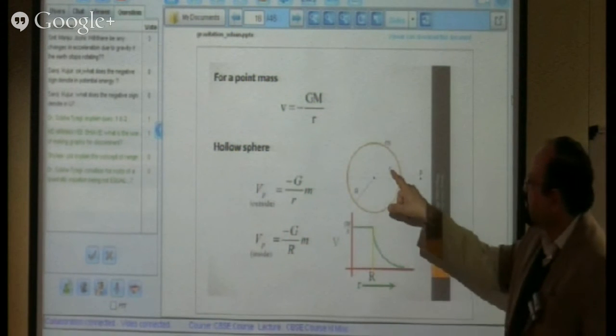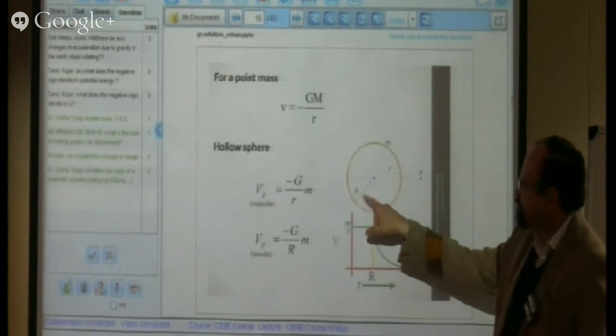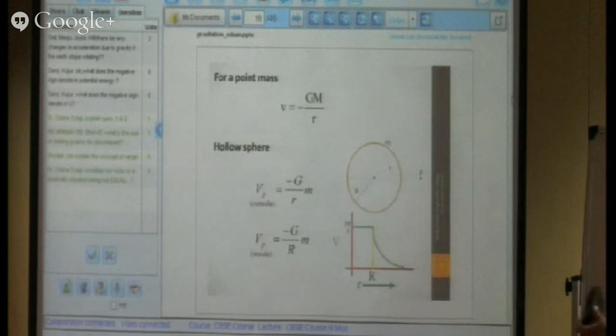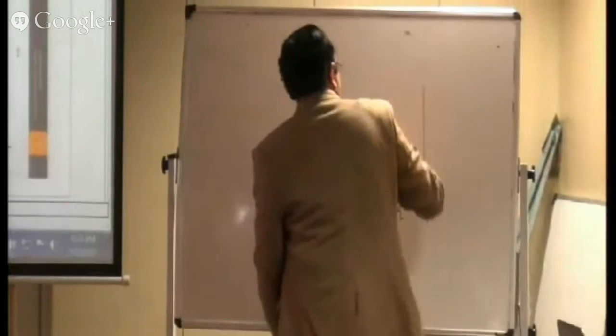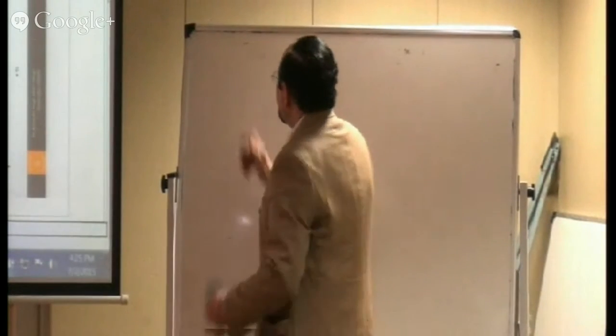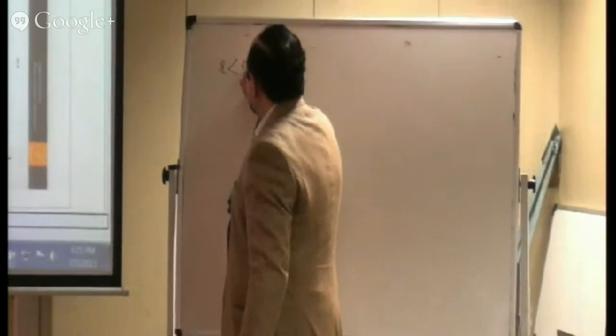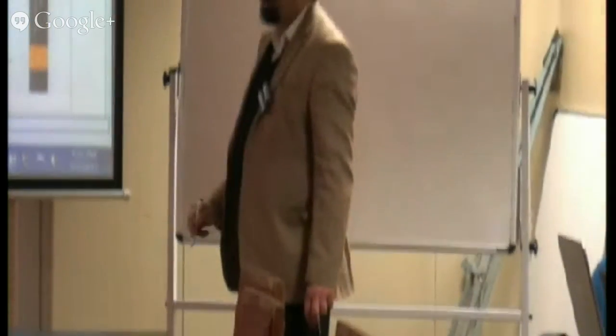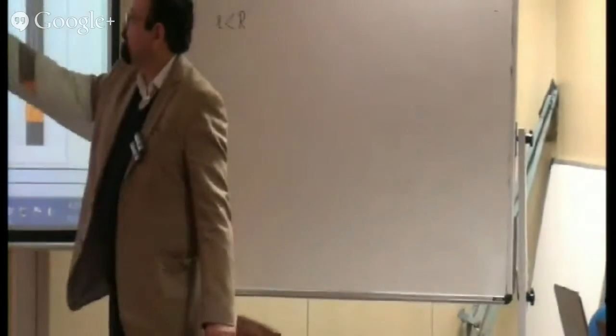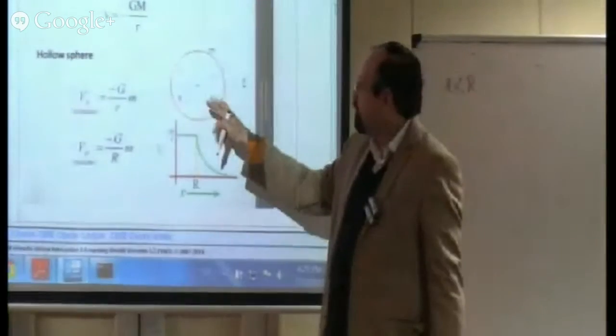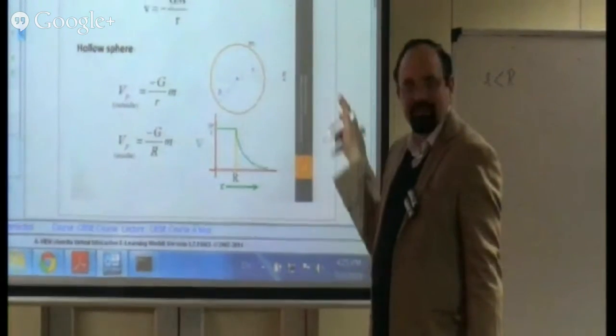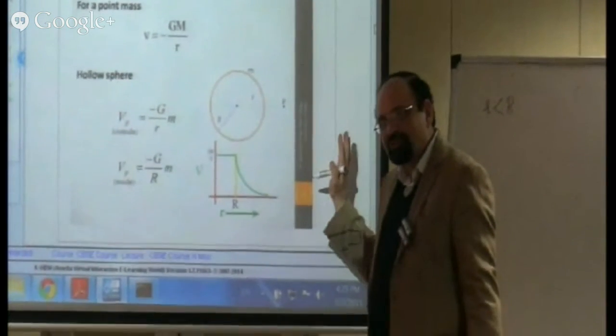If small r is less than capital R, I am inside this sphere. If small r is more than capital R, I am outside the sphere.